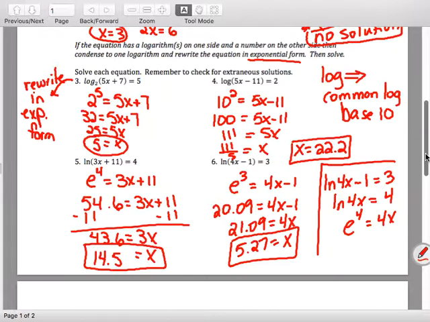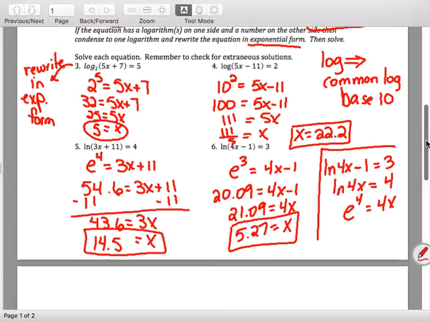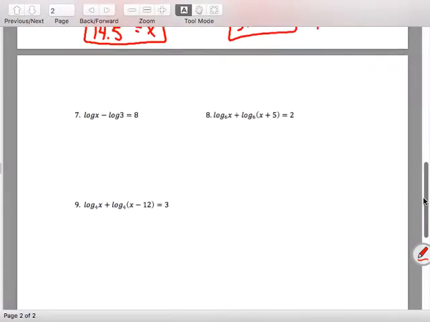All right, now let's flip it over. What happens if you have more than one log on a side? We're going to make a beautiful connection to why we were doing the properties. They're actually important. They're not just to torture you. All right, so watch this.